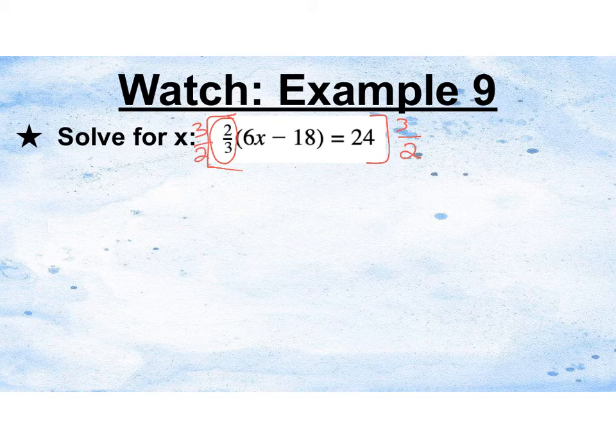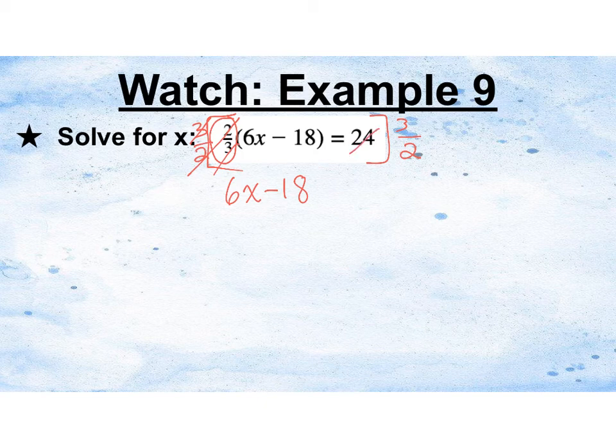So over on the left side, I have a 2 in the numerator and 2 in the denominator, so that's going to simplify to 1. The 3 and the 3 is going to simplify to 1, and that is all gone. So on the left side, I don't have to distribute anything in, and I just end up with my grouping, which is 6x minus 18. On the right side, I have 24 in the numerator, 3 in the numerator, and 2 in the denominator.